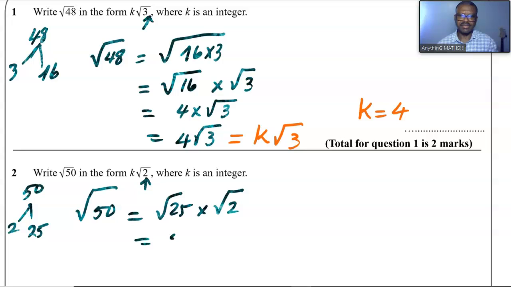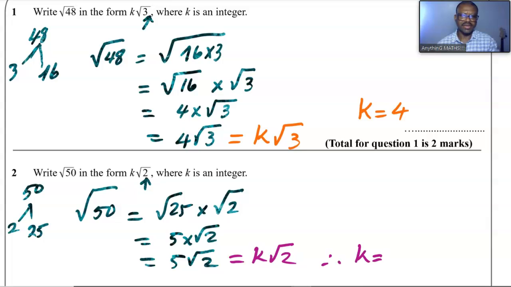And then that is 5 times root 2, 5 root 2. Compare it, k root 2, therefore k is 5. Not that difficult, isn't it?